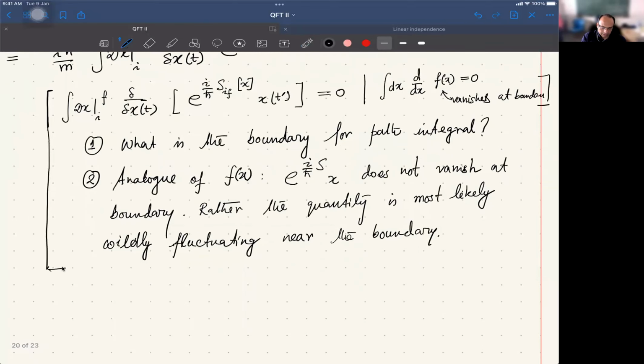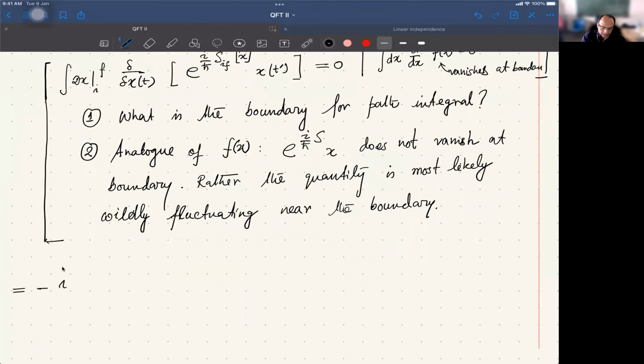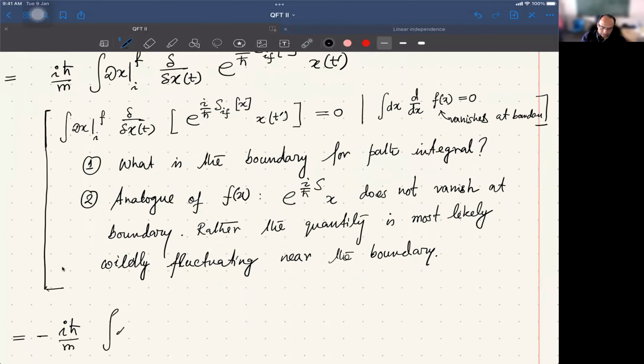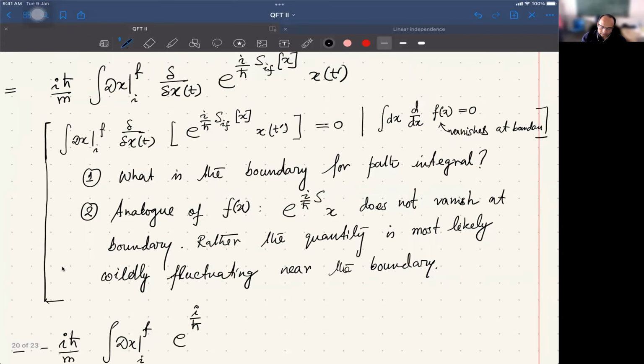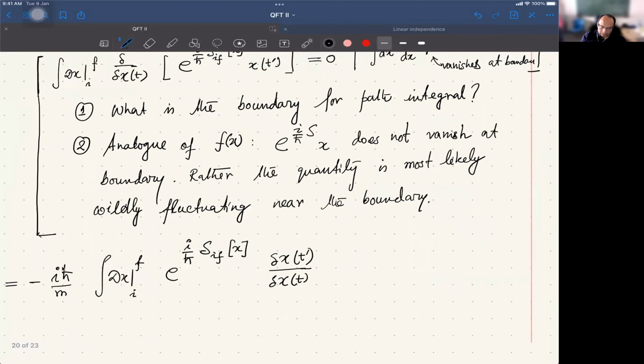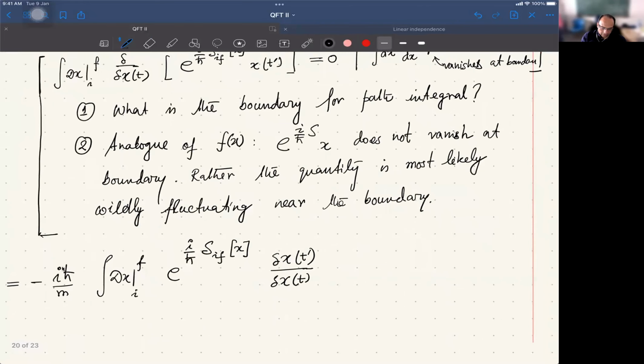So the result is minus i h bar over m integral dx i f e to the power i over h bar S of x, del x t prime over del x t, and that according to the rule for the functional derivative is the Dirac delta.